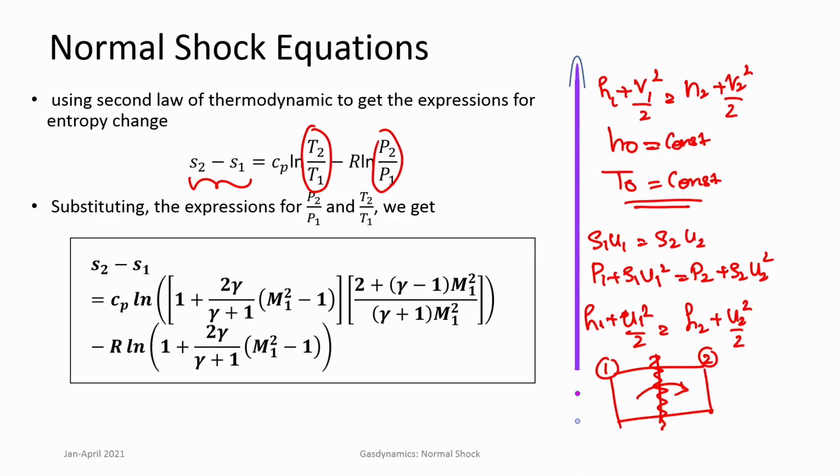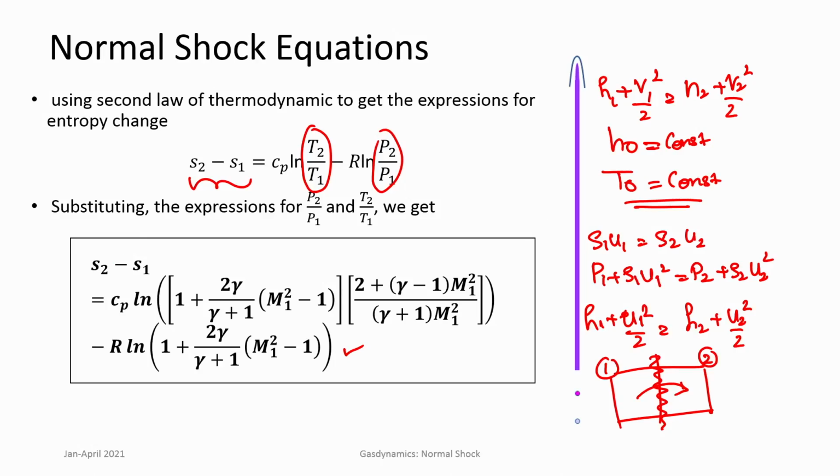For this you need to bring in the second law of thermodynamics and the entropy considerations. Now we have the relations for entropy, and since this is an adiabatic process, clearly the change in entropy should always be positive.